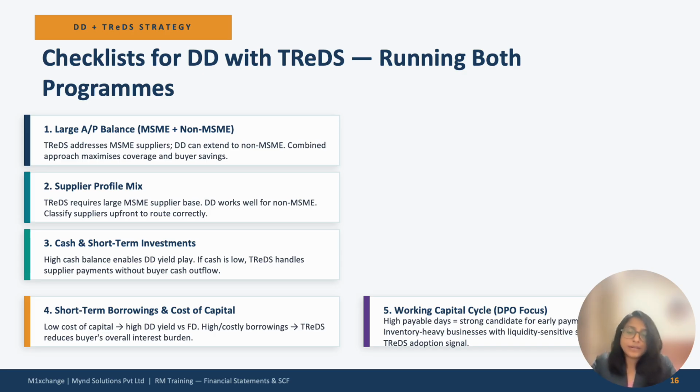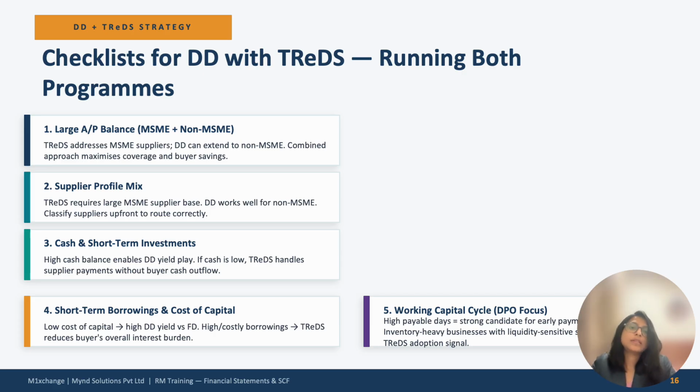Then you can convince the buyer to utilize a TReDS platform to pay its vendors early, and the extra cost that was coming on its raw materials, on the COGS, can be saved. Also, if the company is a very inventory-heavy business, then there will be a liquidity crunch. It will be very sensitive to liquidity. So here again, TReDS can help the buyer.